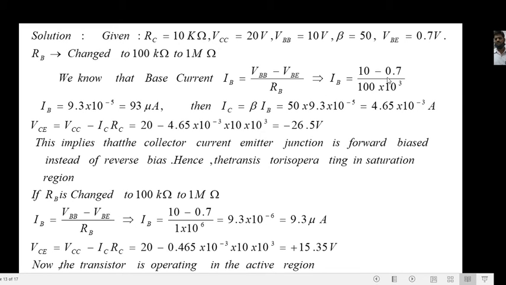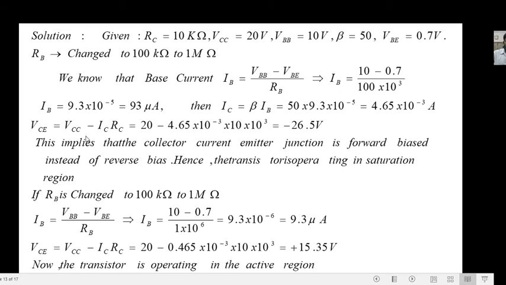IB equals 10 minus 0.7 divided by 100 into 10 power 3. IB is equal to 9.3 into 10 power minus 5, that is 93 microampere. Then IC is equal to beta IB equals 50 into 9.3 into 10 power minus 5, that is equal to 4.65 into 10 power minus 3 ampere.